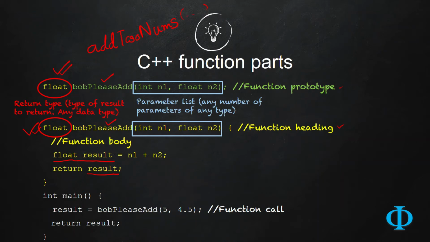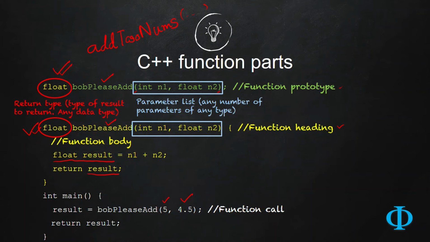The next part, the third part, is the function parameter list that you have to pass inside this opening and closing parenthesis that comes after this function name. Now these parameter lists are basically some variables which store the actual value that you are passing inside the function.